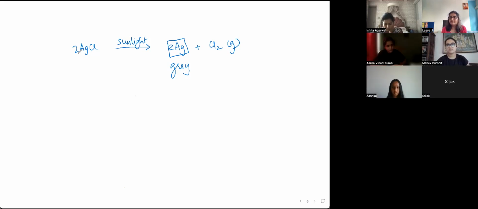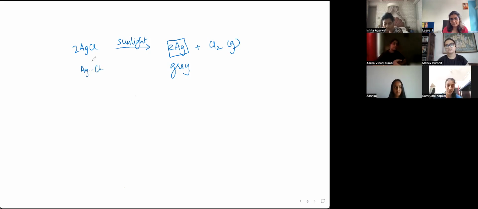For silver chloride to decompose, the bond between silver and chlorine needs to break, and also two chlorine atoms need to join together. So from the balanced equation, you can see that for this reaction you need a minimum of 2 molecules or 2 units of silver chloride.